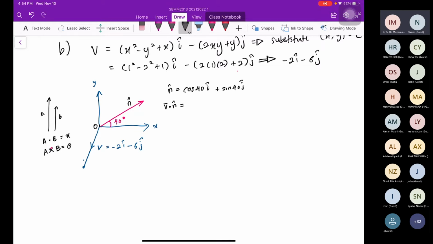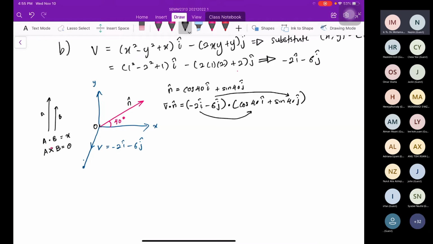So V is negative 2I minus 6J, dot product with cos 40I plus sin 40J. Again, you can multiply.